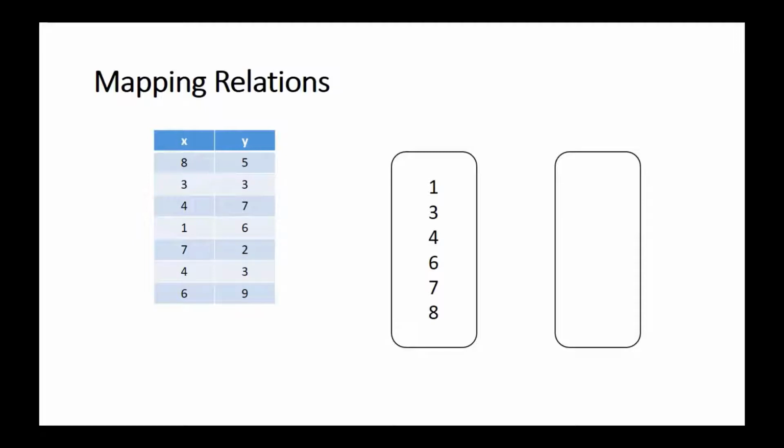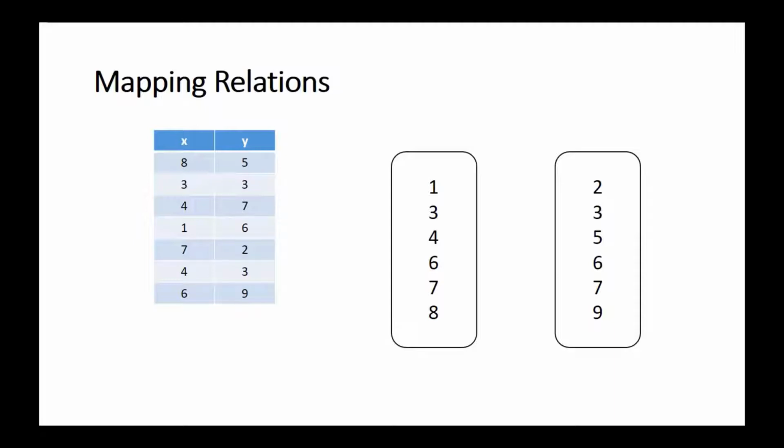And we're going to list all of the outputs in the other bubble, again in numerical order, 2, 3, 5, 6, 7, and 9. Then we're going to look at each of these X and Y values, and we're going to connect them with an arrow.